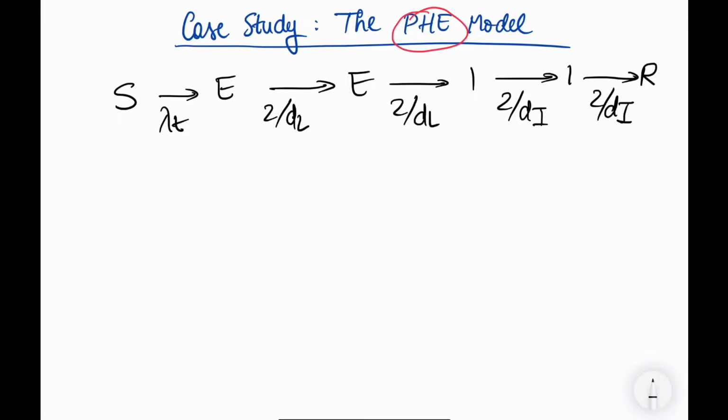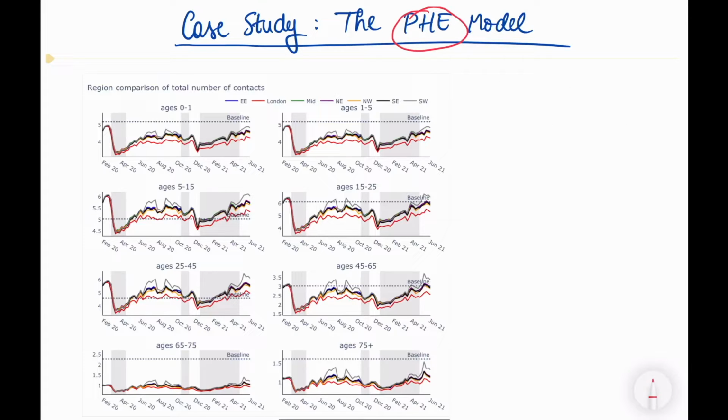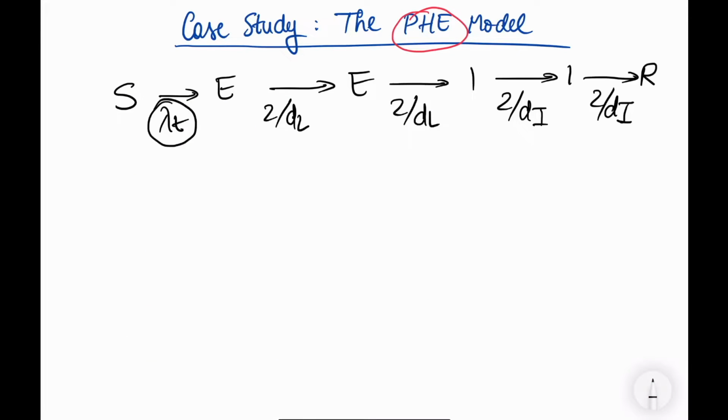The time-dependent rate at which susceptibles become exposed depends on the current contact matrix, as well as both the number of susceptibles and total number of infectious individuals at that time. The rate at which individuals move between the compartments is inverse to the time spent on average in that compartment, so we assume that the two E-compartments are identical, hence why we have the same rate here.